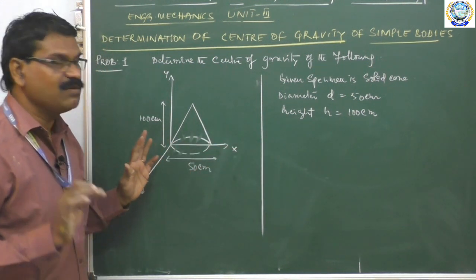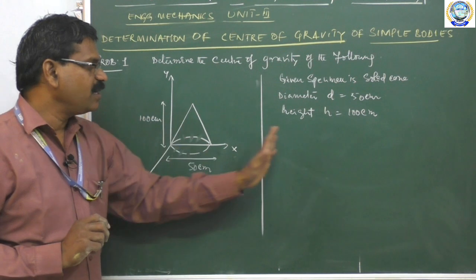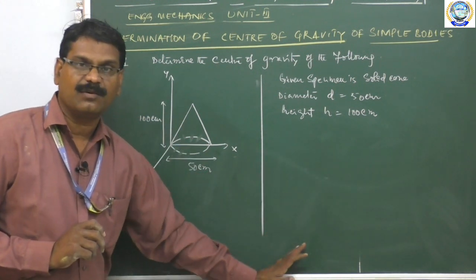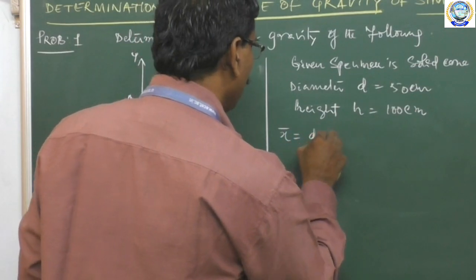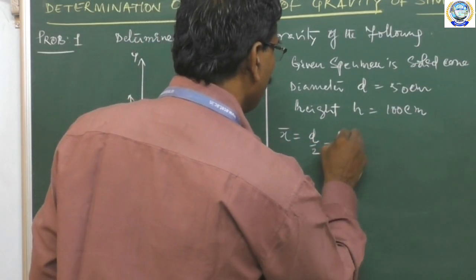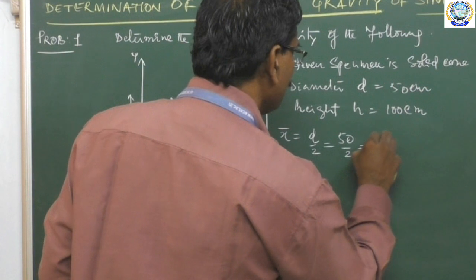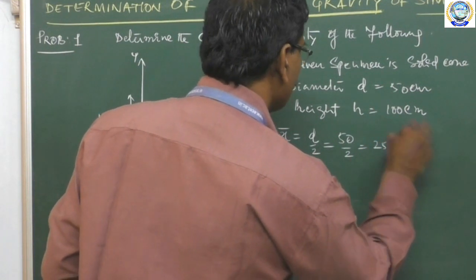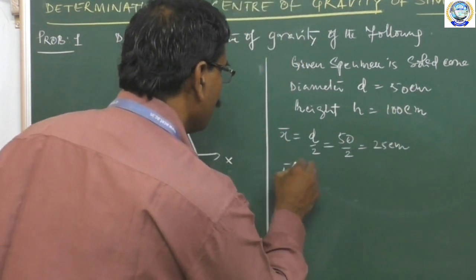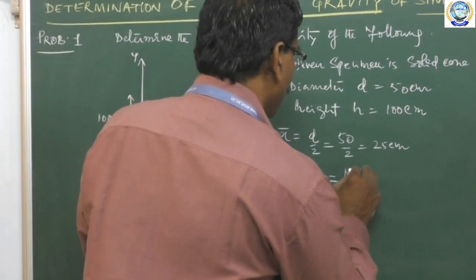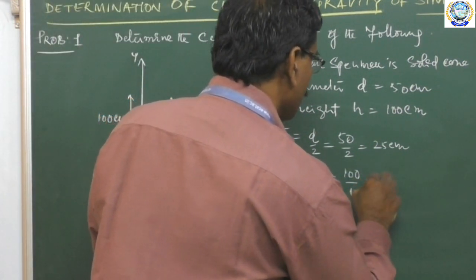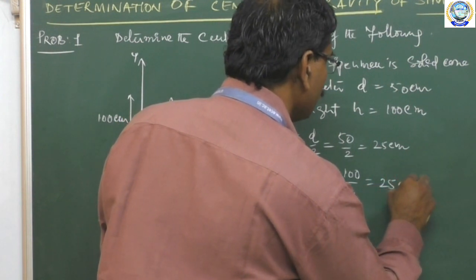We have standard formulas to find the X bar, Y bar and Z bar coordinates. My X bar is equal to D by 2, that is 50 by 2, which is equal to 25 centimeters. My Y bar is equal to H by 4, that is 100 by 4, which is again 25 centimeters.